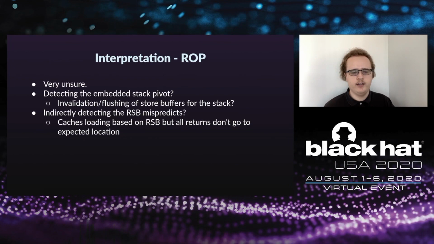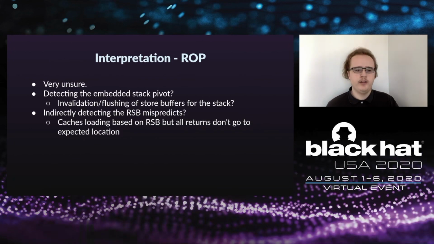This could be detecting the embedded stack pivot in the ROP sample. Specifically, I don't know this for a fact, but if the processor keeps special store buffers around for the stack, since it's used so commonly, if RSP changes, perhaps it has to invalidate and flush all of those, which could cause a flood of effectively CL flushes.